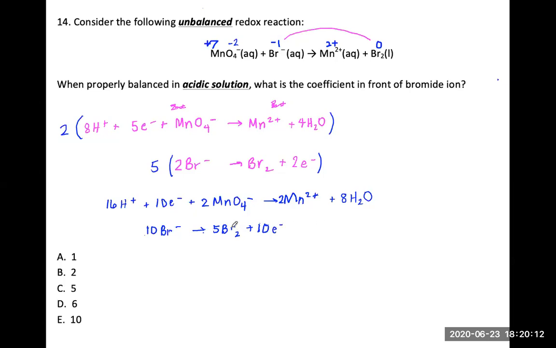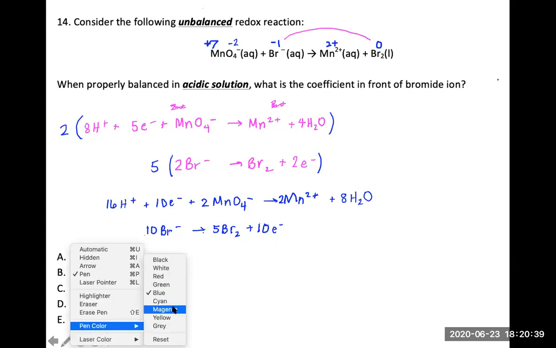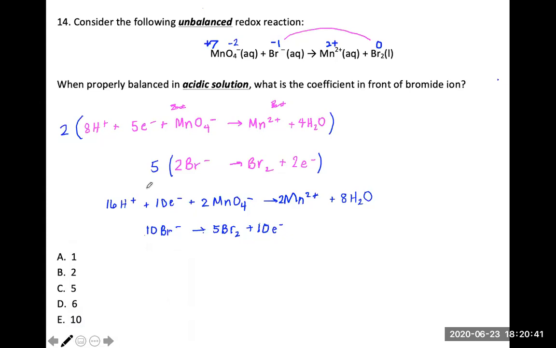Okay, so we end up then with these 2 half reactions. And now we can go ahead and cancel everything, or combine and cancel. So we can cancel our electrons because they're both 10 and they're on opposite sides of the arrow. And what's nice is that since our bottom reaction didn't have any waters or anything, well, we don't have to worry about simplifying down those.